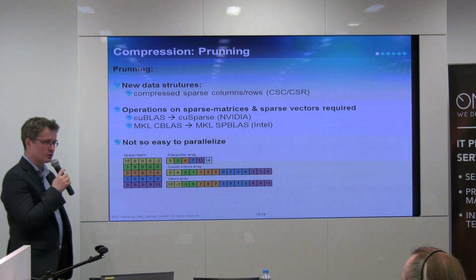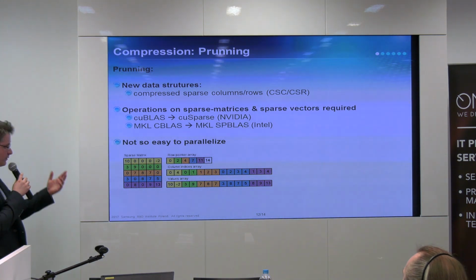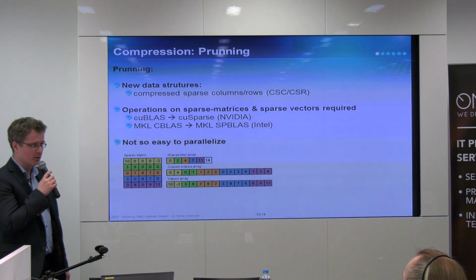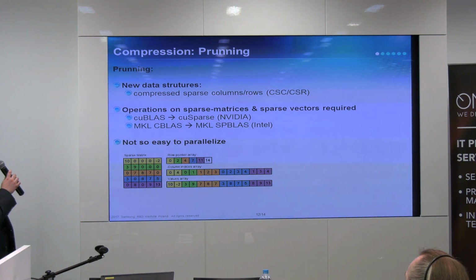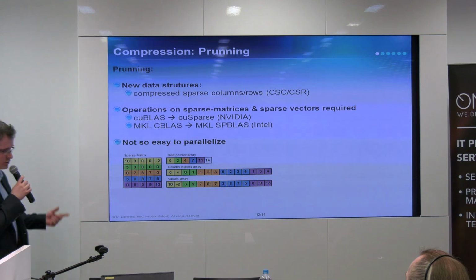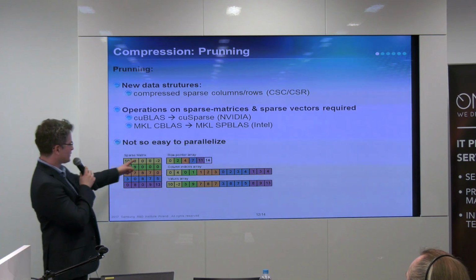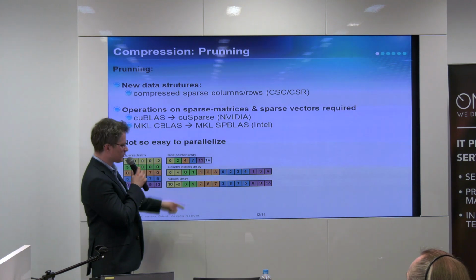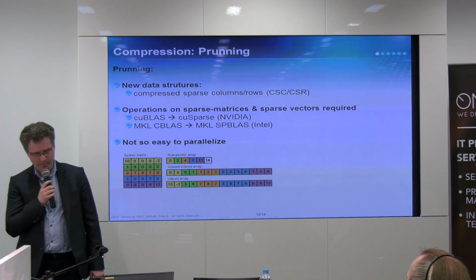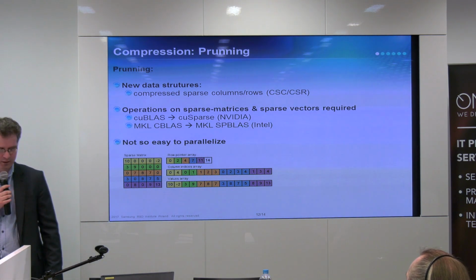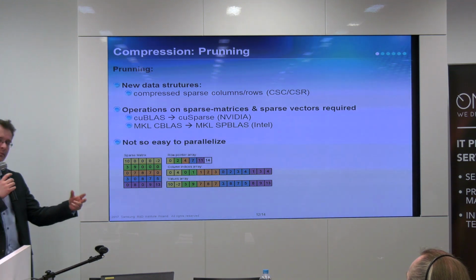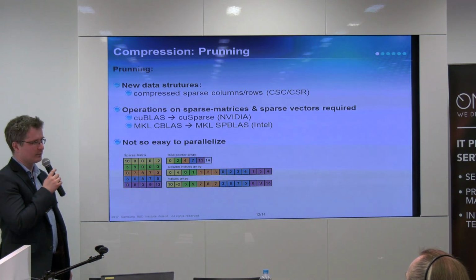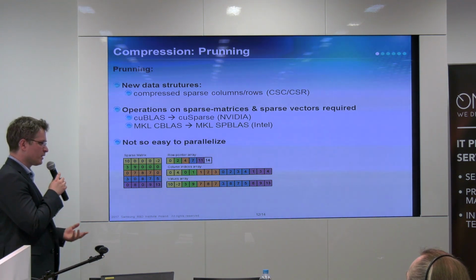For NVIDIA, we can use cuSPARSE. From Intel, we have a similar library for sparse matrix, sparse vector multiplication. We have to change the structures from dense matrix representation to compressed sparse columns or rows.